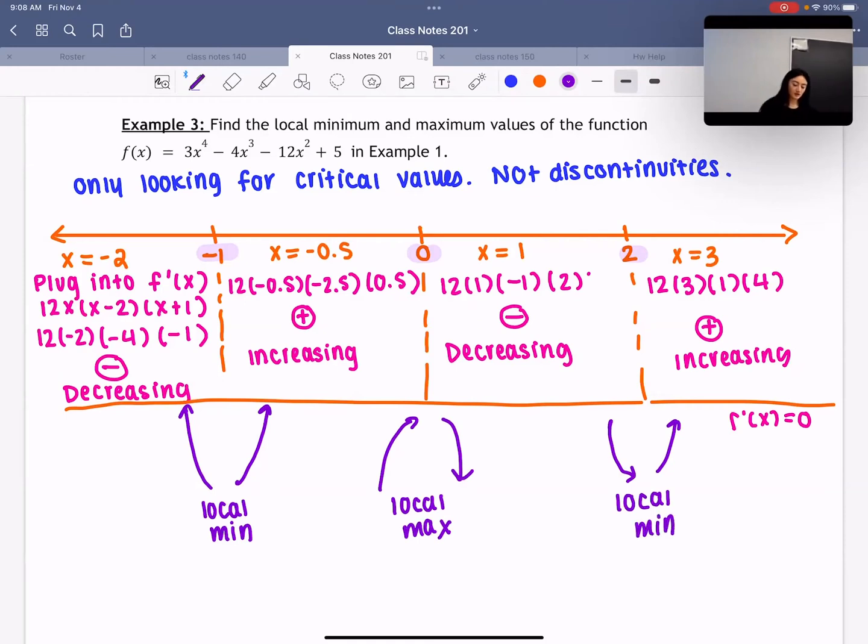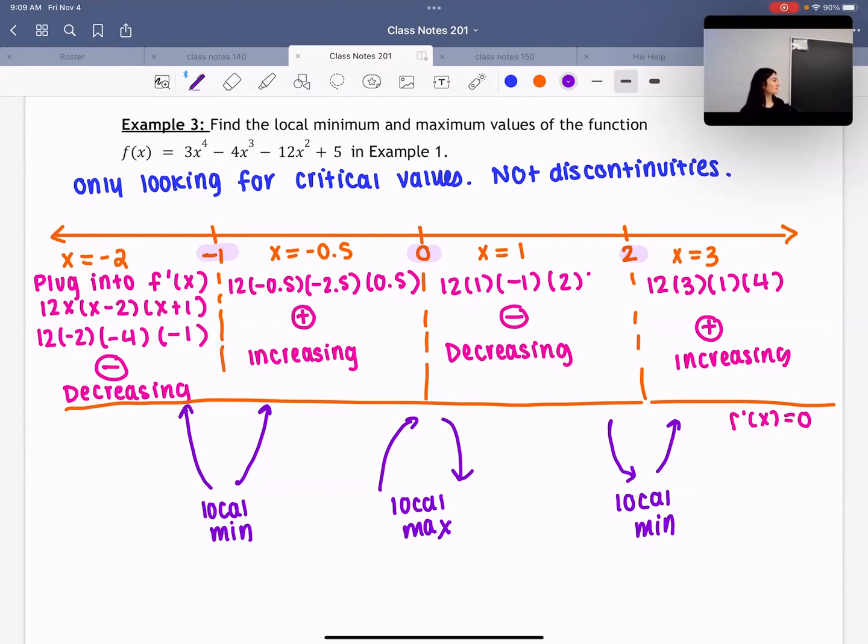Okay, here's where things get a little bit tricky. Can I say that -1 is my local min? Would that be correct? I'm gonna tell you it's not correct. It's local, but it's not absolute. Oh yeah, it's not absolute, but is -1 my local min?